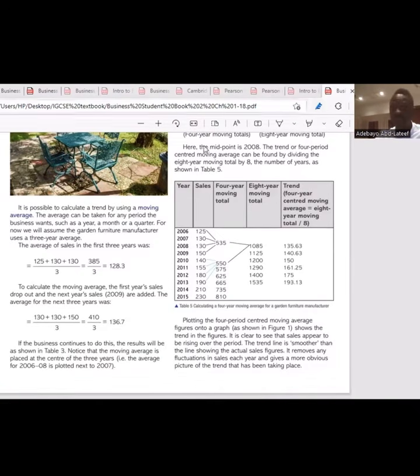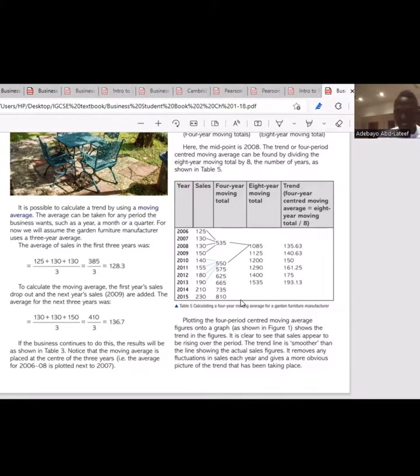So how do you get the midpoint? Here we calculated the sales for 2006 to 2009 to give us 535. From 2010 to 2013 to give us 550. So when you add them together, you have your 8-year moving total, which is 1085. Then to get the midpoint, it will be 1085 divided by the total number of years, which is 8. So that's it then.